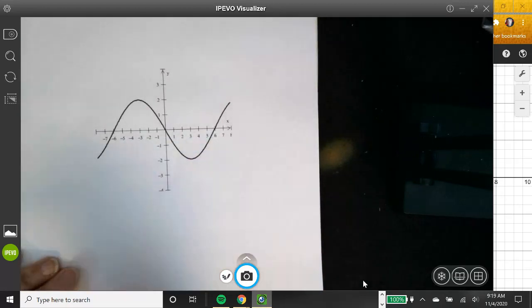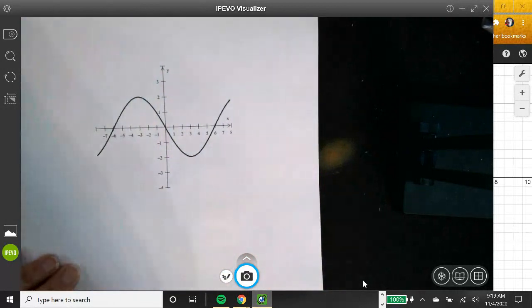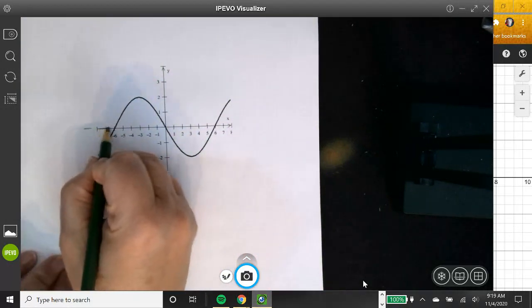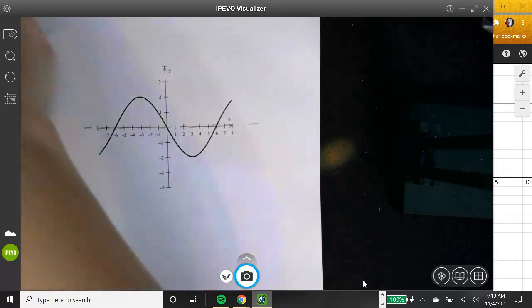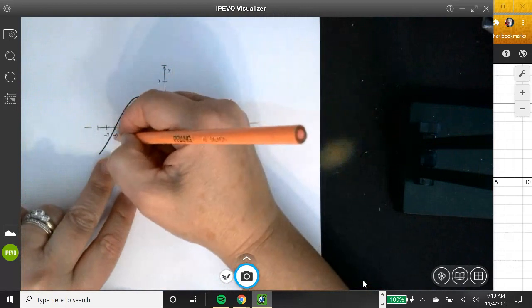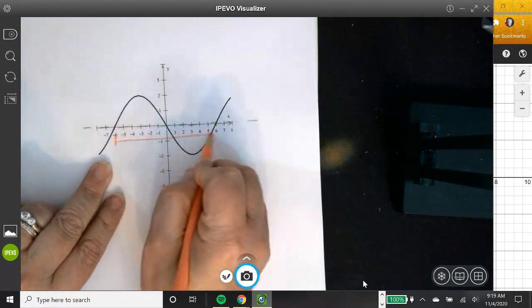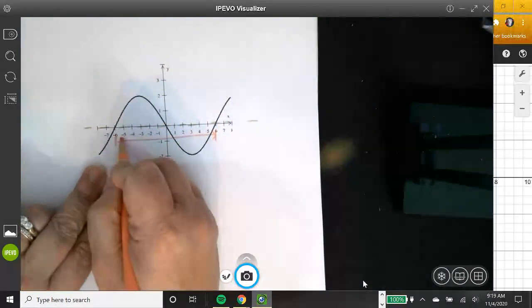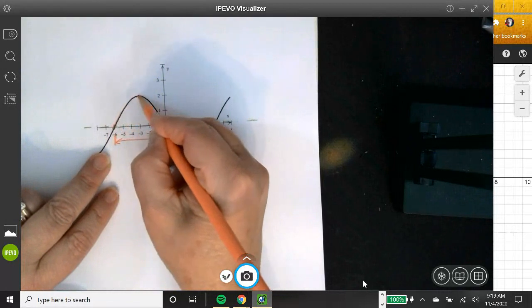Notice that there are no pi's on the axes, which is fine. Okay, what's the midline here? Well, I'm going from negative 2 to 2. Does everybody agree that the midline here has to be 0? Why, yes. And then how do I find out what the period is? Well, I think I'm going to start here and end here, because that's one complete sine cycle, isn't it?